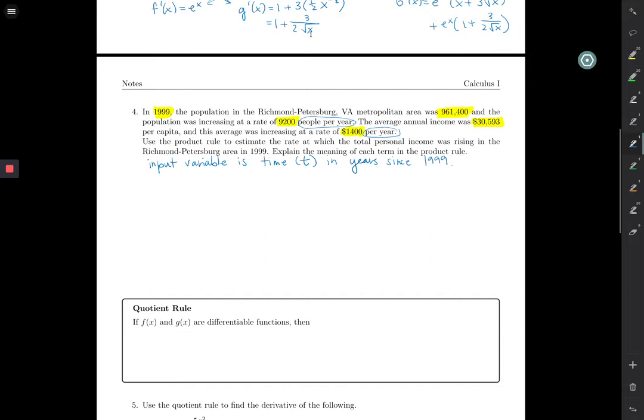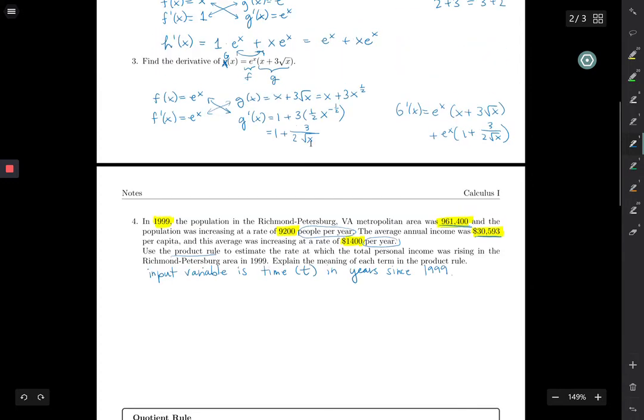Now, we should also label the other things that we were given. One thing that I want to point out is that we're given 2 values, right, of certain things, and then we're also given 2 rates, and we're told to use the product rule.